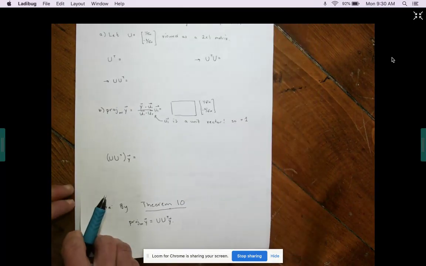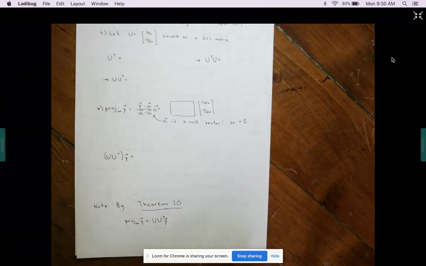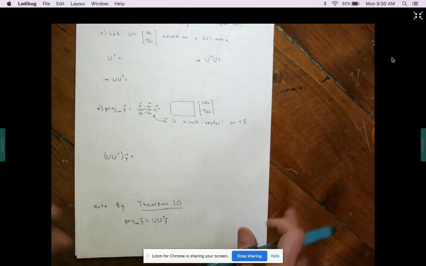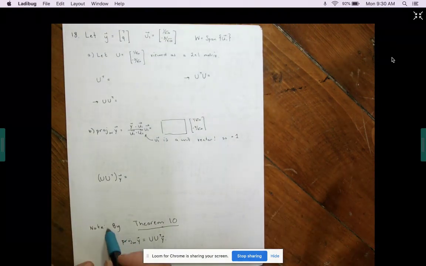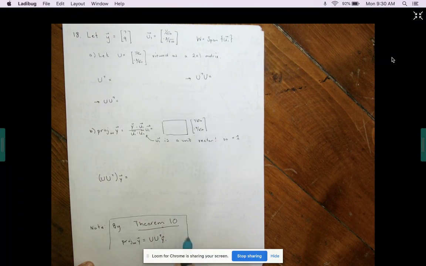All right, so let's move on to 18. On number 18, the whole purpose is trying to get us to see a case of theorem 10.